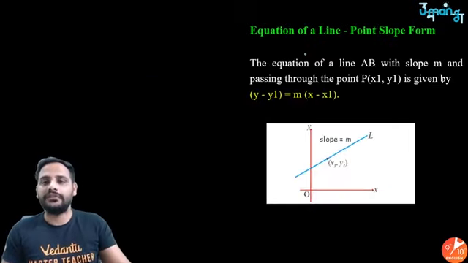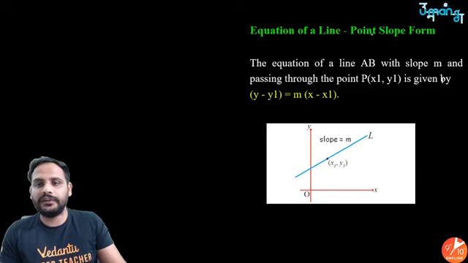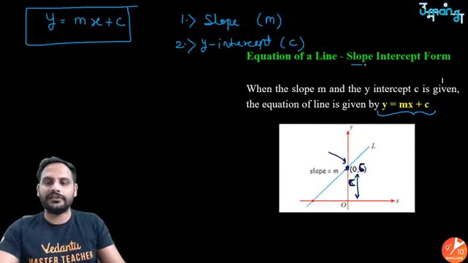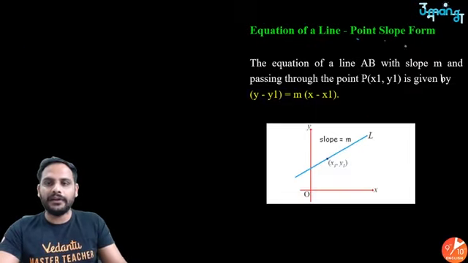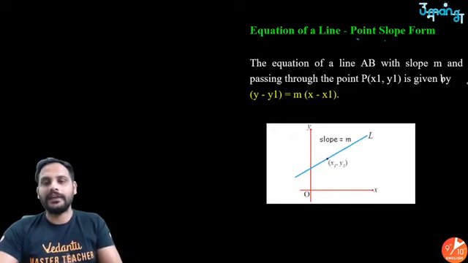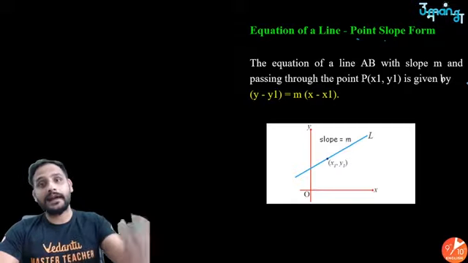Second form is the equation of a line in point slope form. Now see, the previous one is clearly telling you this is the slope intercept form. Slope and intercept were needed. Here this is the point and slope form. That means you need the slope of the line as well as any one point lying on that line.